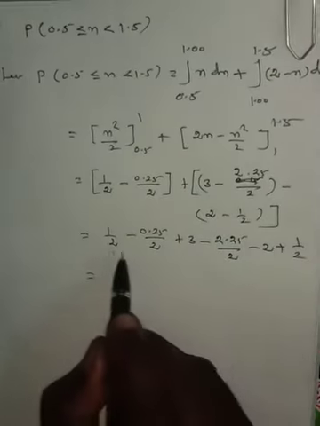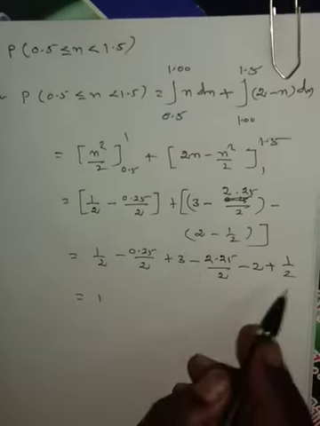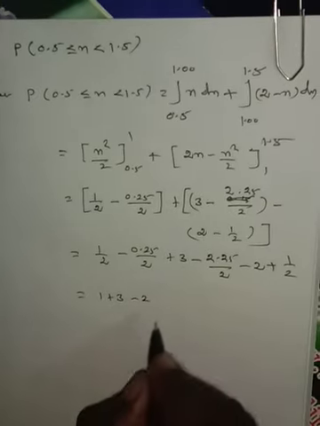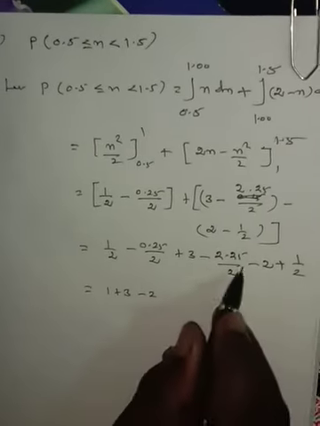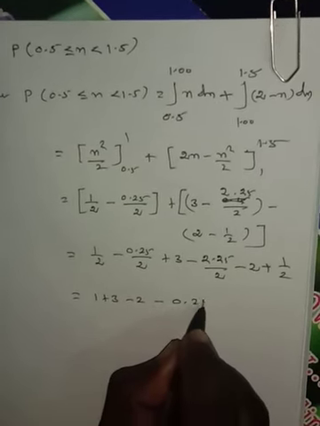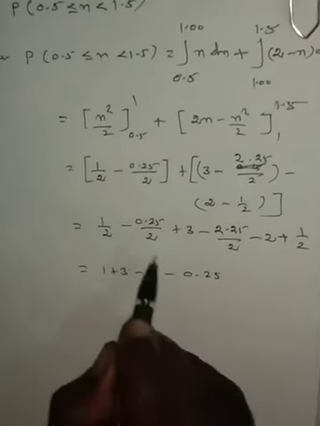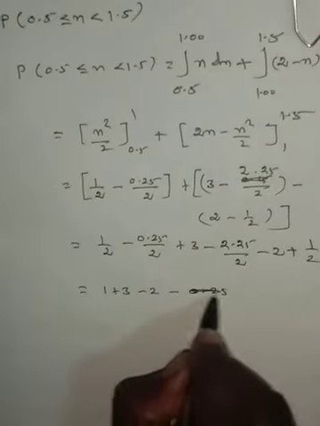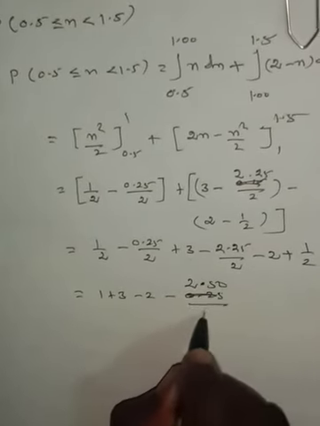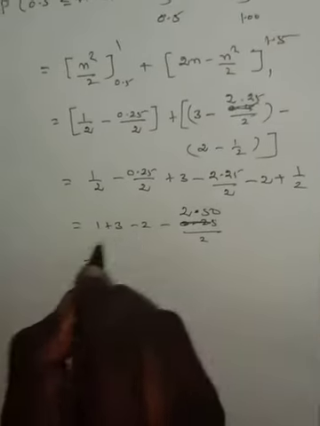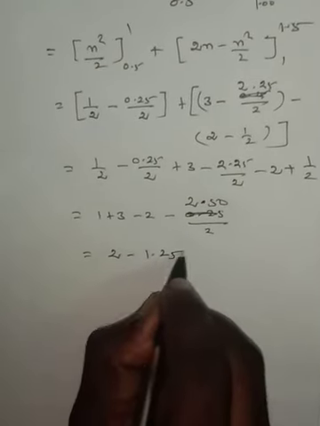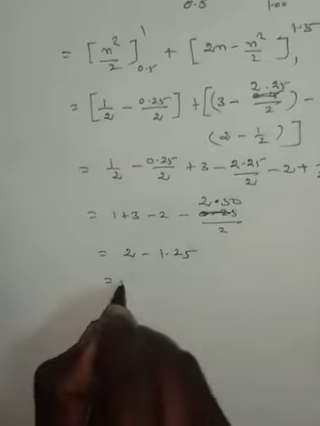1 plus 3 minus 2 minus 2.50 divided by 2 is equal to 4 minus 2 is 2 minus 1.25, is equal to 0.7.